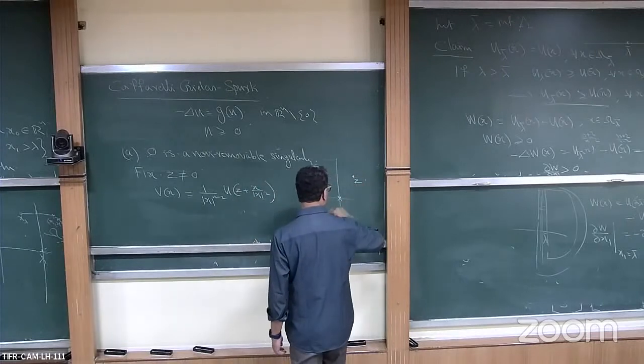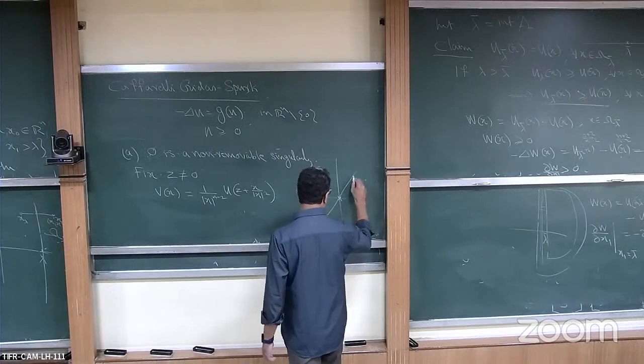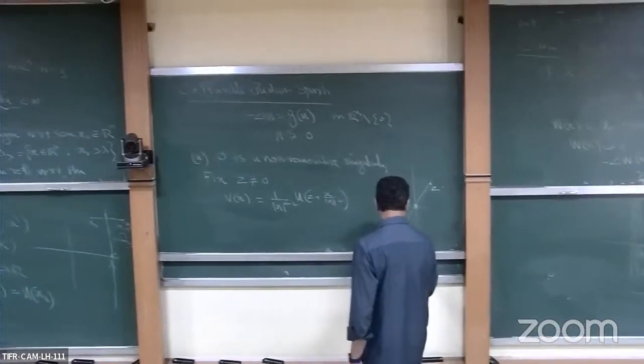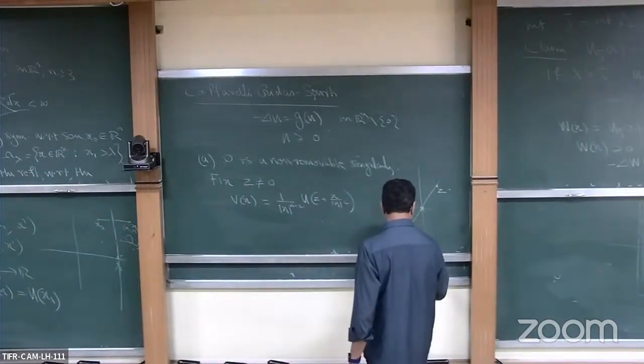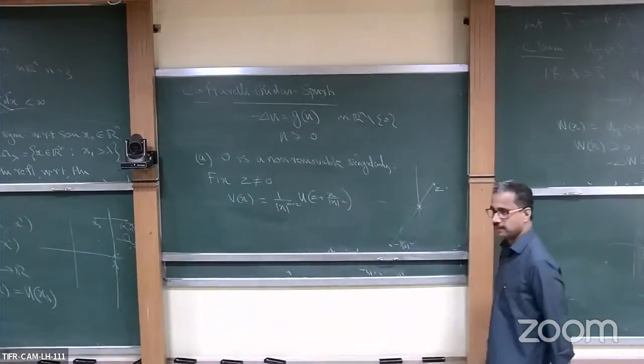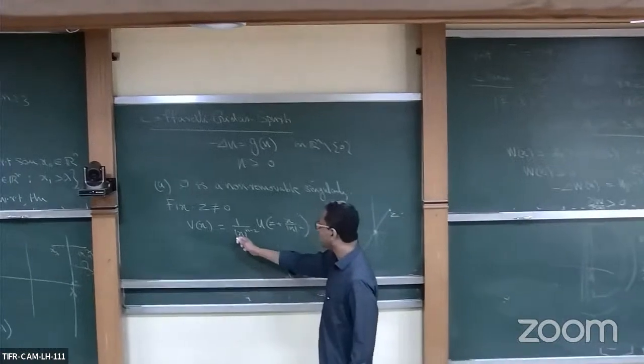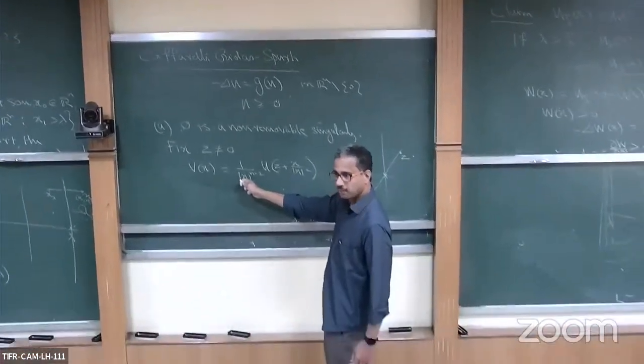So z is here, suppose z is near the origin. Then z by mod z square, the modulus, will be somewhere here, far away. Of course, it's going to be minus z by mod z square. Now, the other singularity can potentially come from x equal to 0, right?